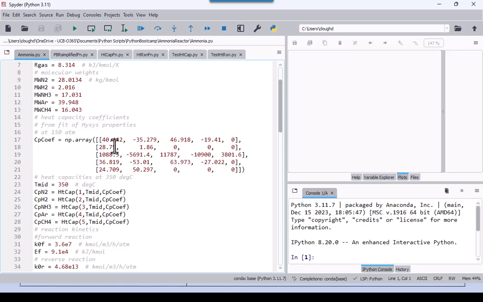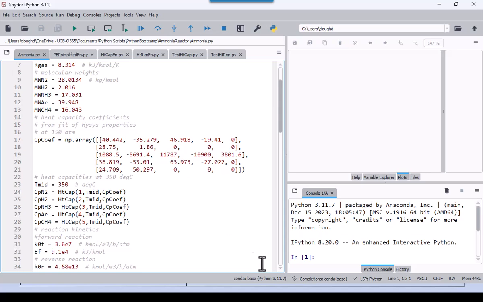And each one of these rows here corresponds to a different component. And you'll notice that we're including here inerts that are part of our feed mixture, which is argon and methane.